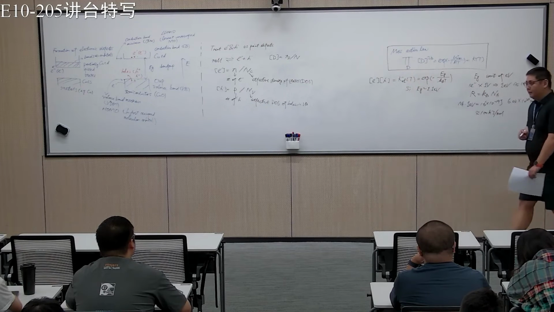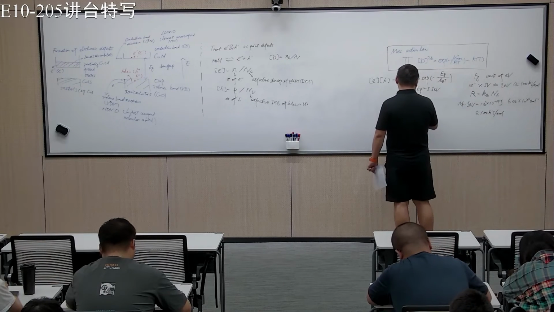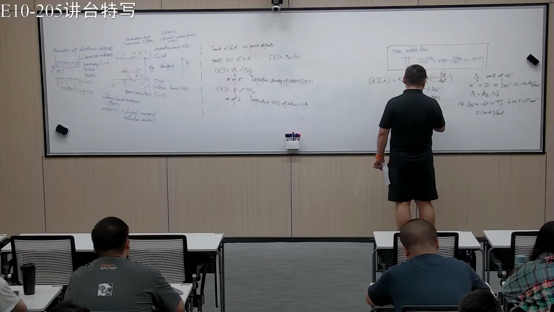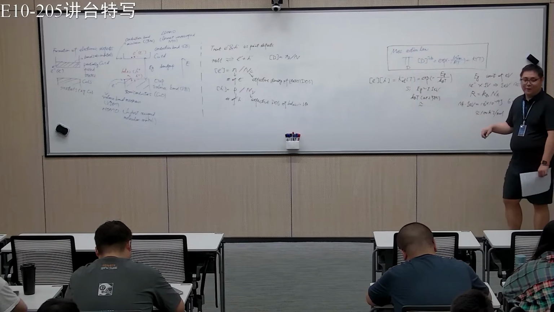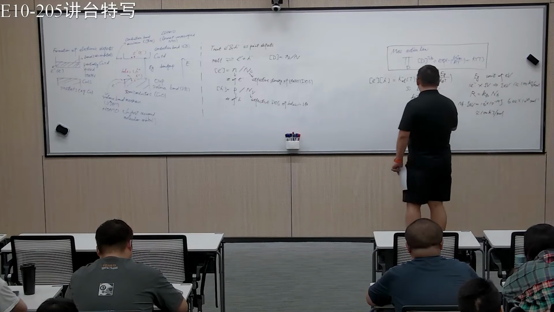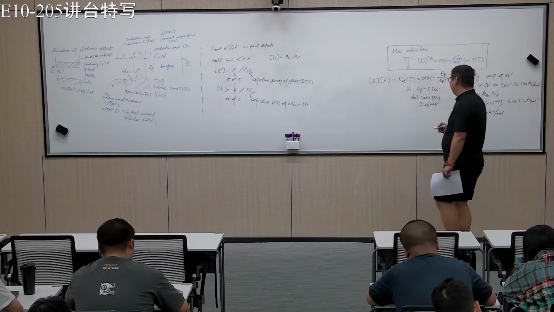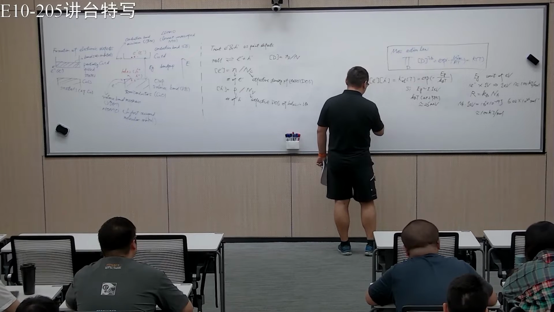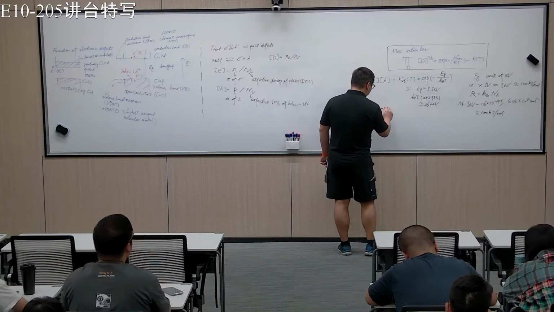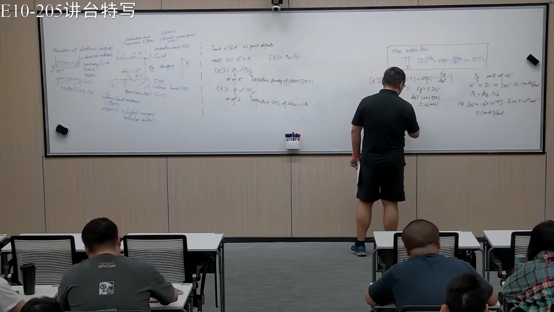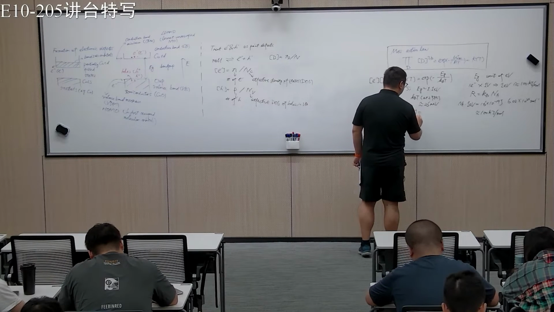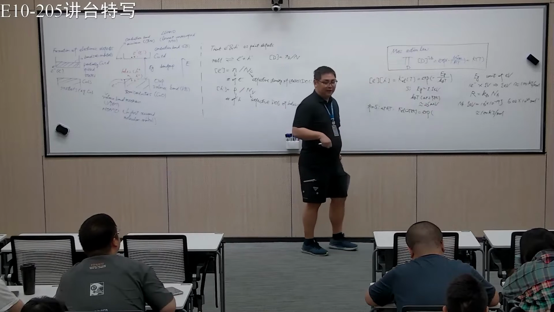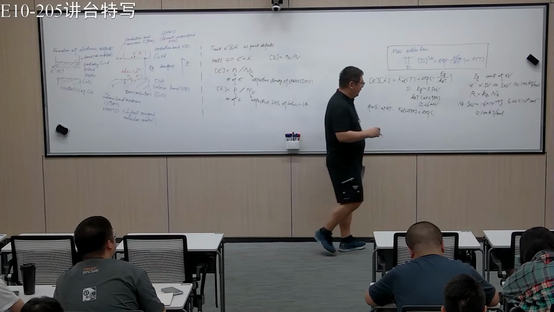And k_BT at room temperature, you have to remember this, is 26 meV. So if you solve for silicon at room temperature, K_EL should be exponential of 1.1 divided by 0.026, which is about 42, roughly 40.